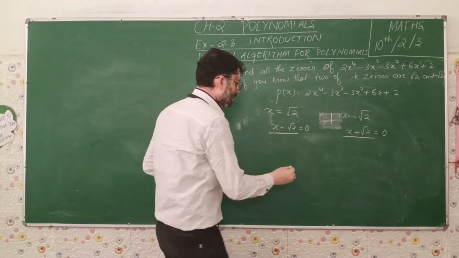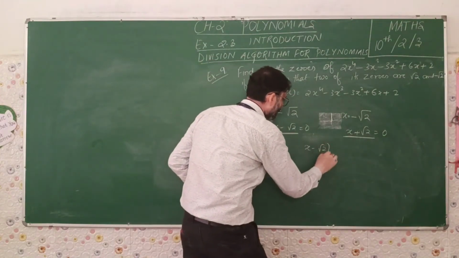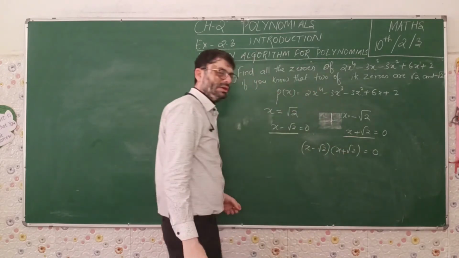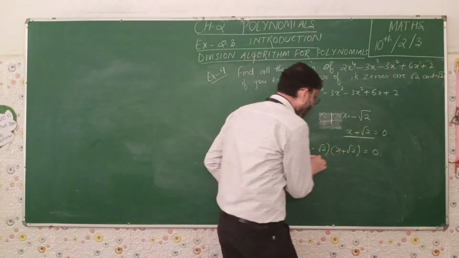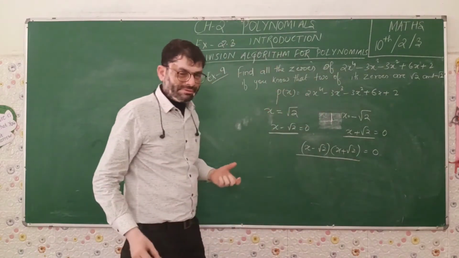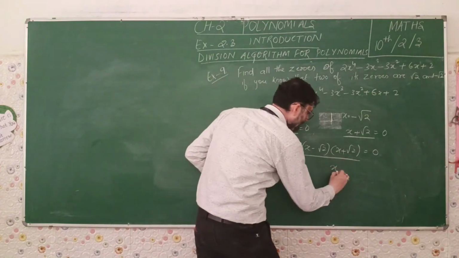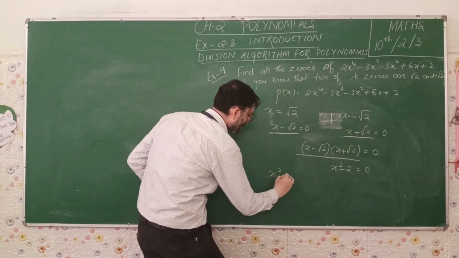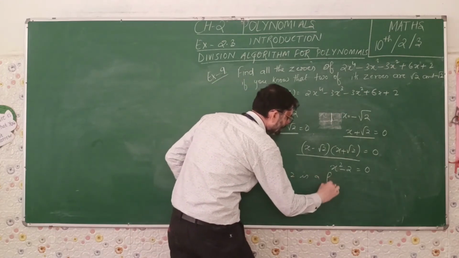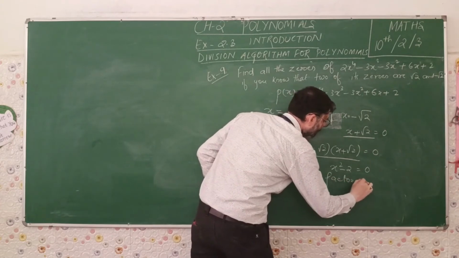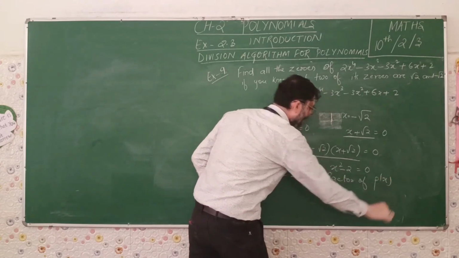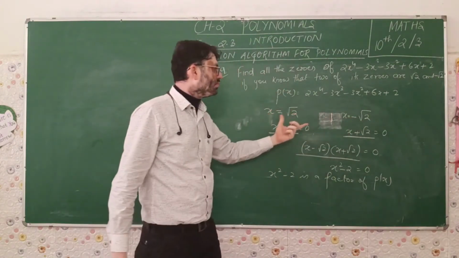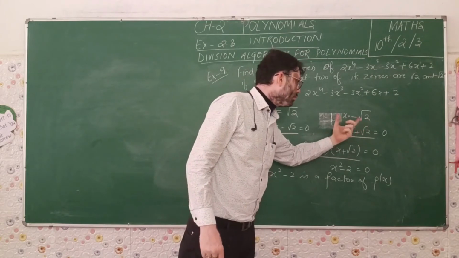If we combine both these two, x minus root 2 into x plus root 2, then also we can say that this whole is a factor of p of x. If we multiply, this becomes x squared minus 2. And we can say x squared minus 2 is a factor of p of x that has been derived from the two zeros that were given to us, x equal to root 2 and x equal to minus root 2.